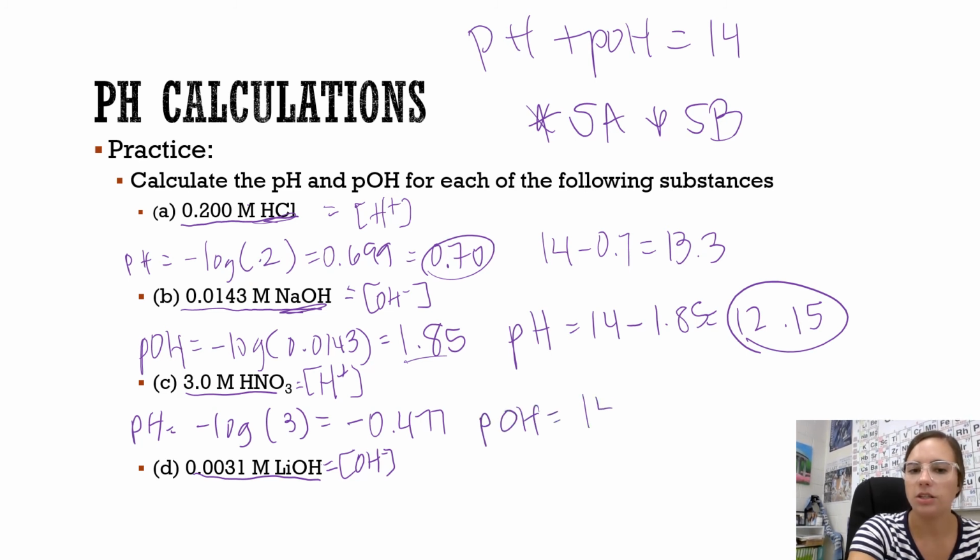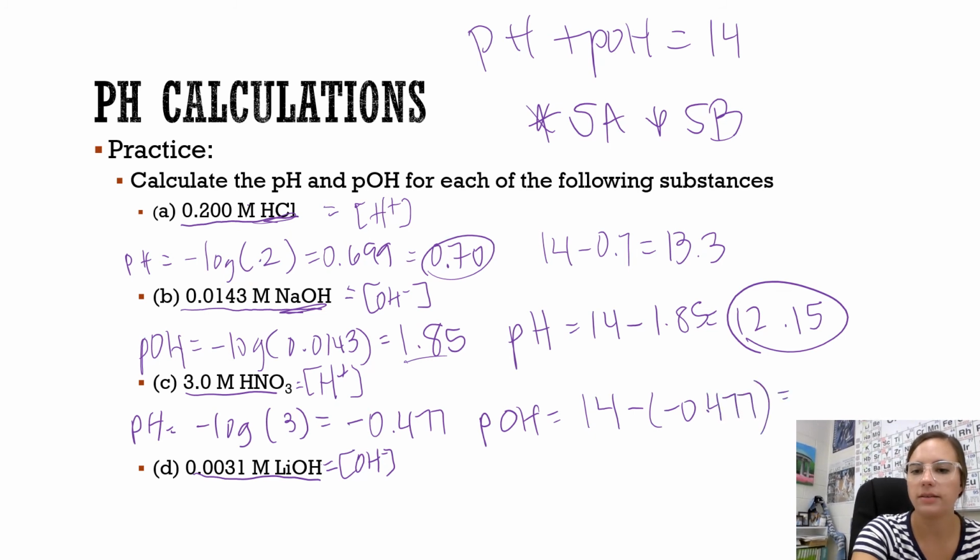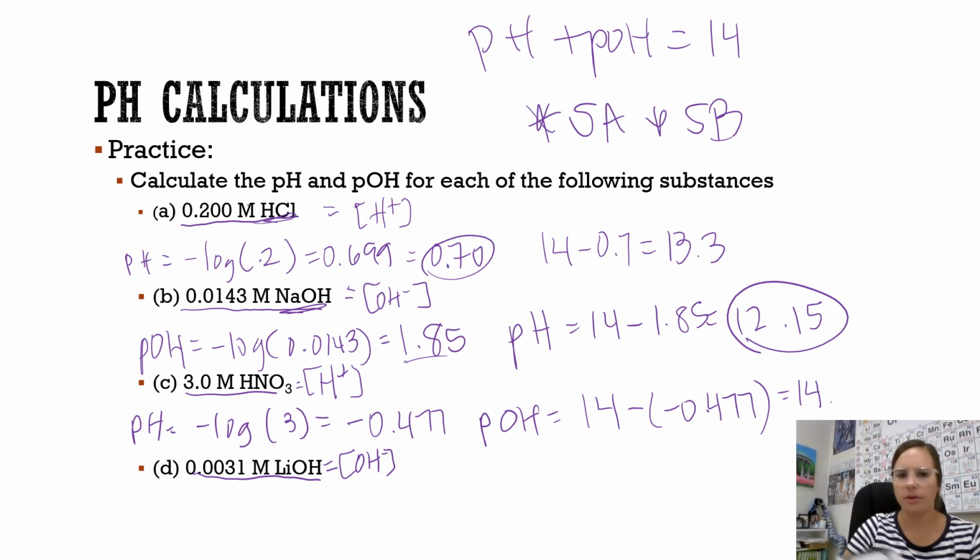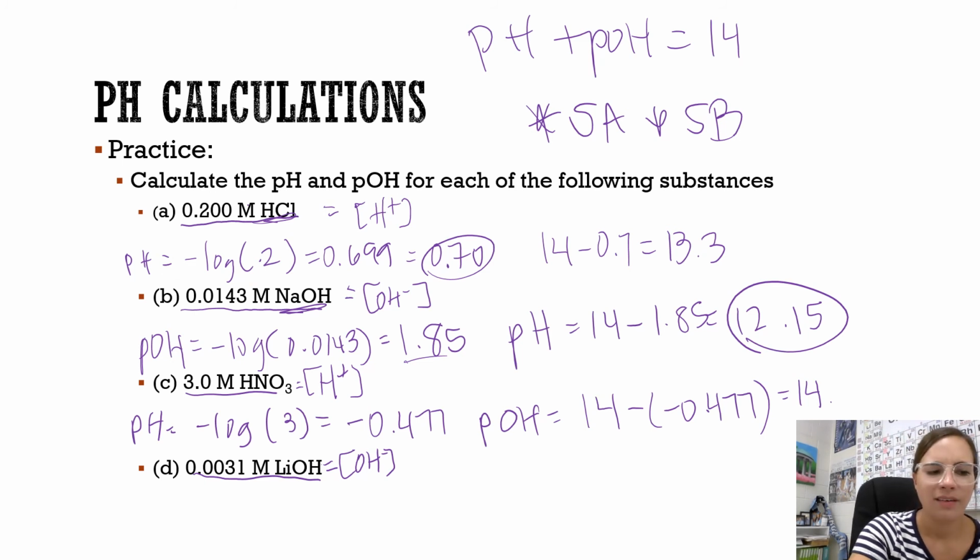So the pOH is equal to 14 minus negative 0.477, and so that is going to be 14.477, so we're going to say 14.48.